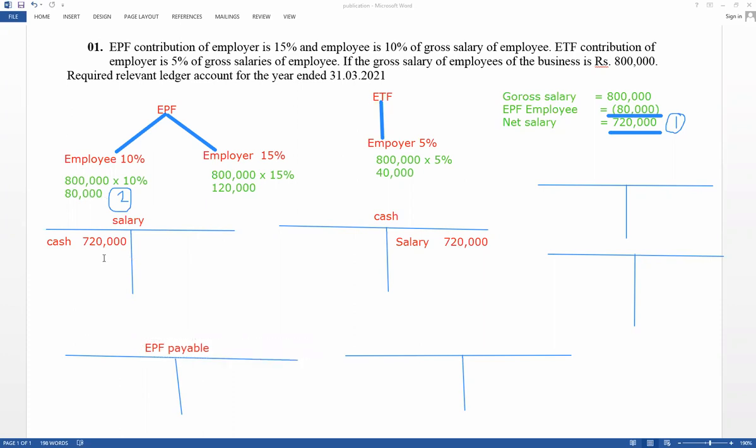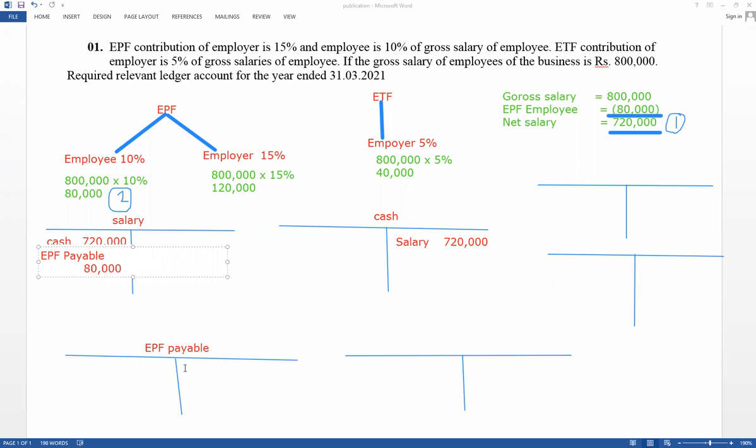That is also part of salary. Therefore, salary account debit as EPF payable, value equals contribution of employee 80,000.